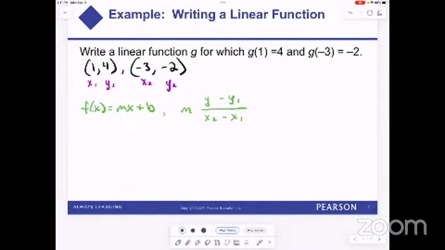So essentially, we'd like to find the equation of the line passing through these 2 points. So first, let's go ahead and use our slope formula to find the slope. And then we'll use that to find the equation of the line.